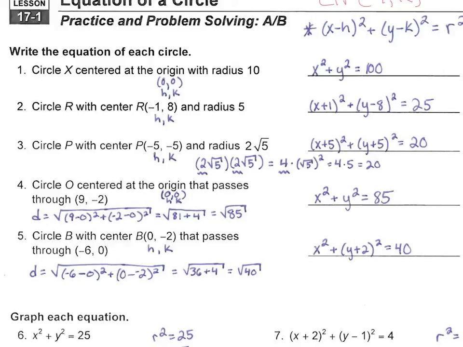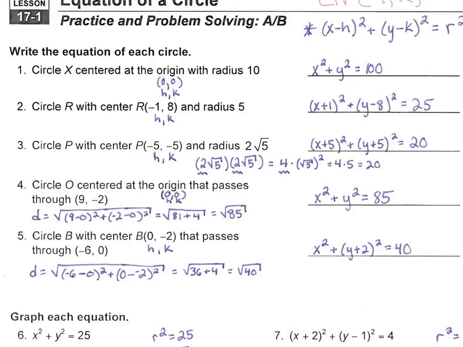So to find the radius, we want to do the distance formula. The distance between the origin and the point 9, -2 is what we need to find with our distance formula. So we are going to take the difference of the x's squared plus the difference of the y's squared, and when we simplify that, that comes out to be the square root of 85.